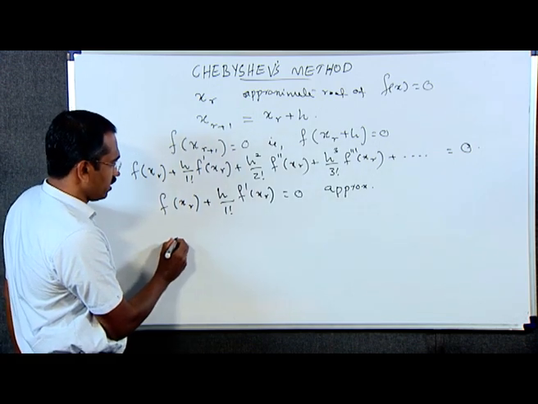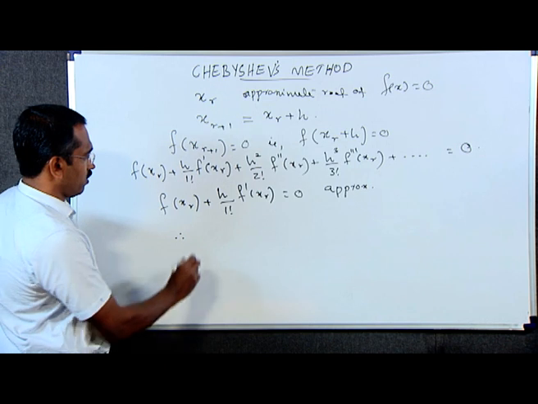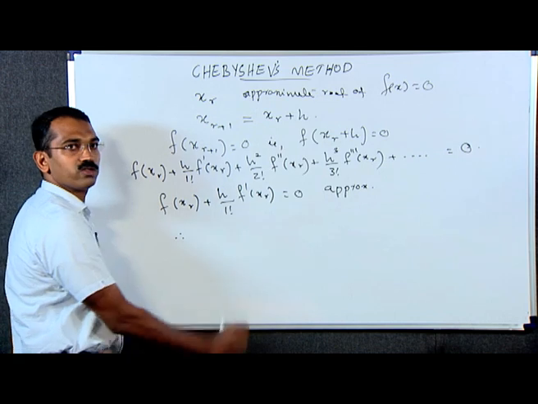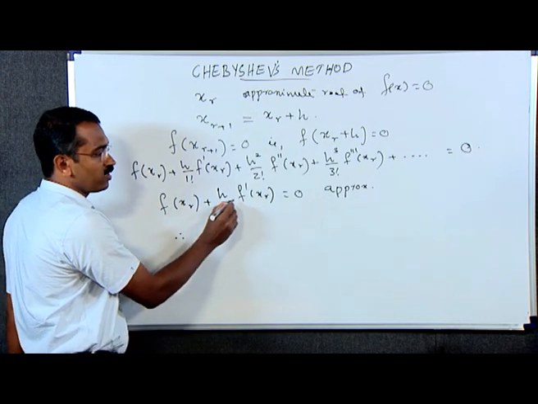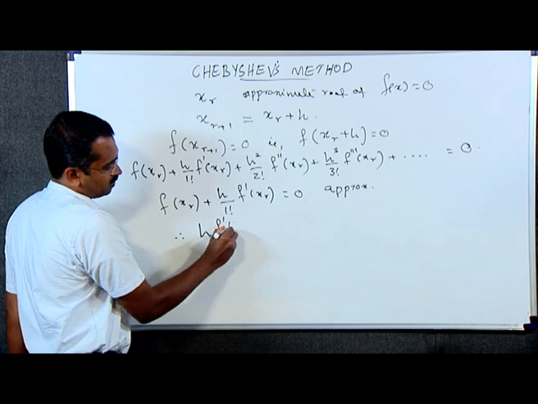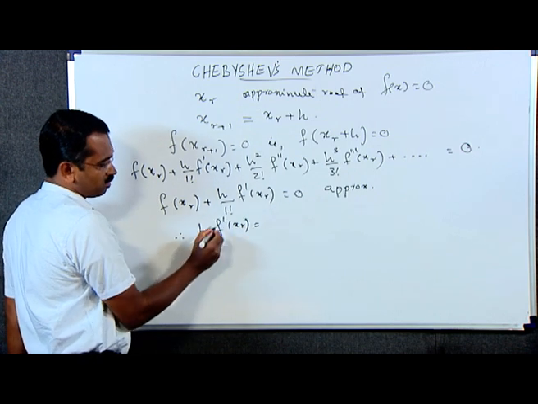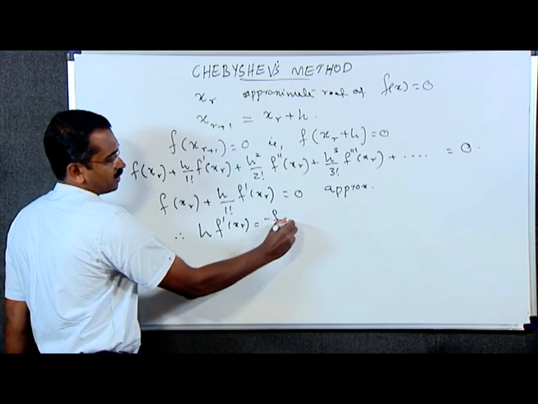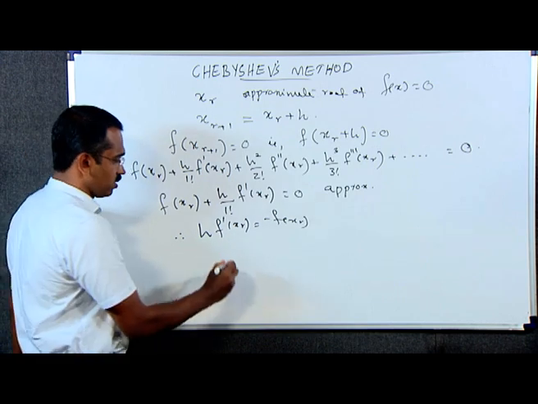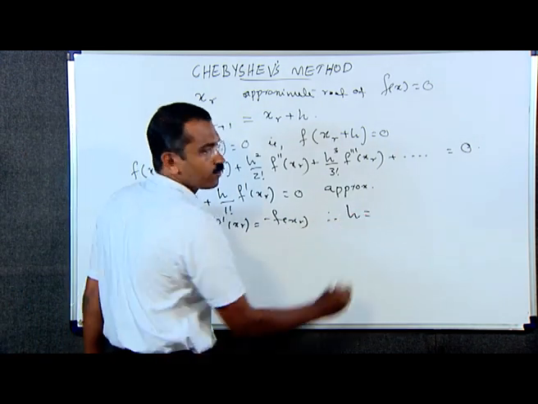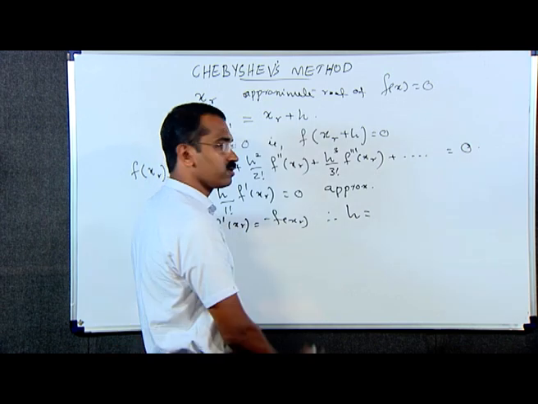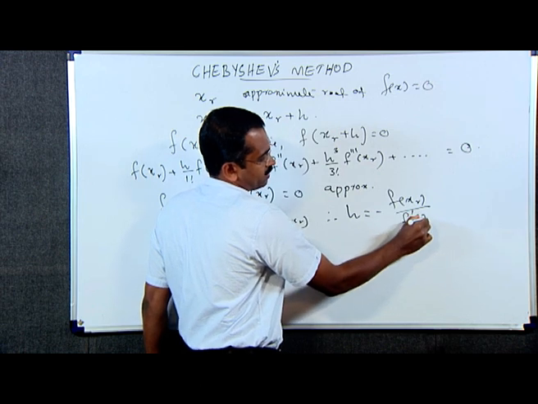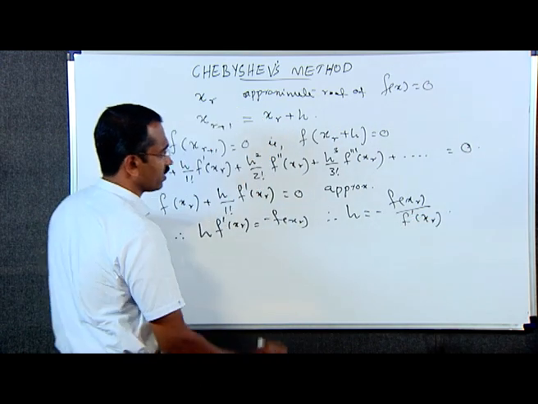Therefore, from here f(x_r) = -h/1! f'(x_r), or h f'(x_r) = -f(x_r), since 1 factorial is 1. That is, h = -f(x_r)/f'(x_r).